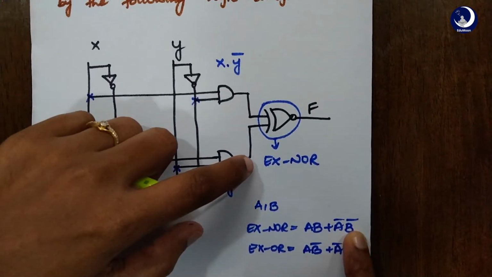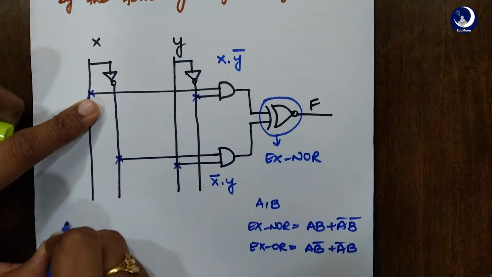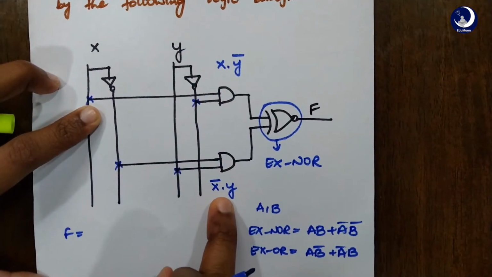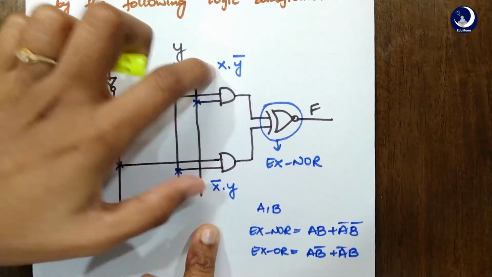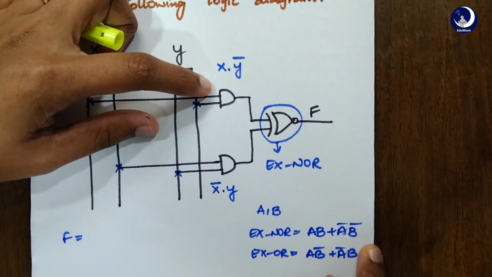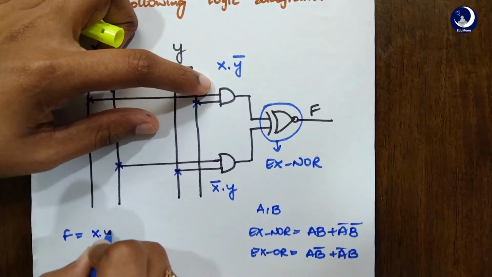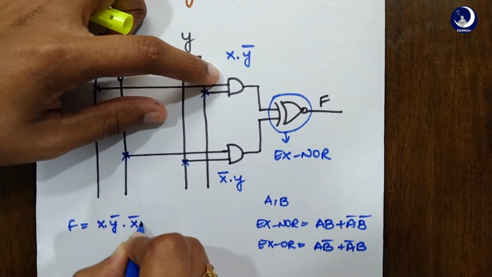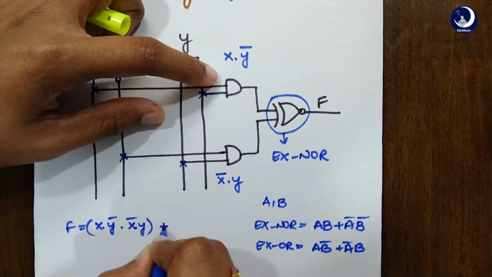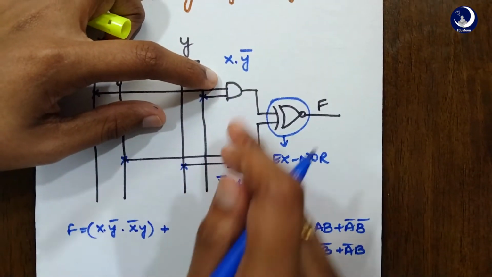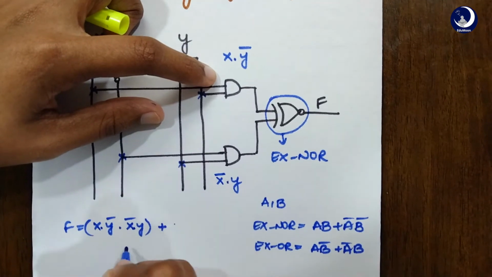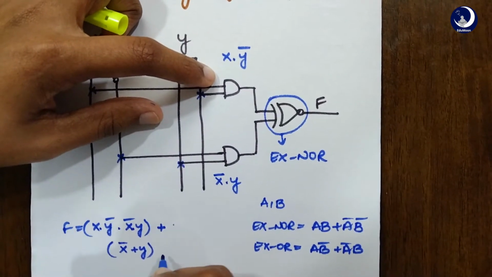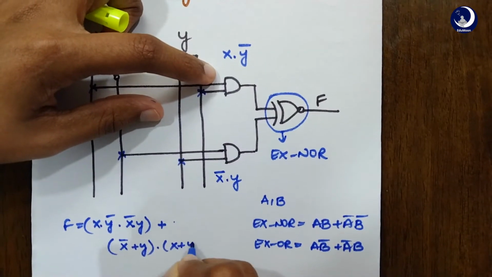So in order to find F here, we have x dot y bar and x bar dot y as inputs like A and B. So what you will be doing? AB plus A bar B bar. So x dot y bar dot x bar dot y, plus you need to be complementing both of them, which is equal to x bar plus y, dot x plus y bar.